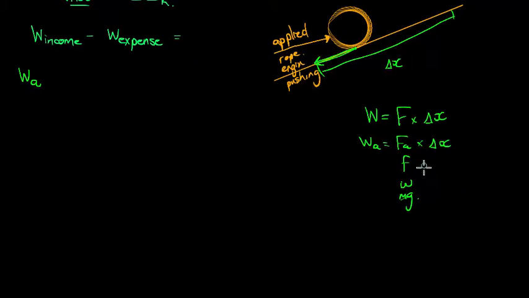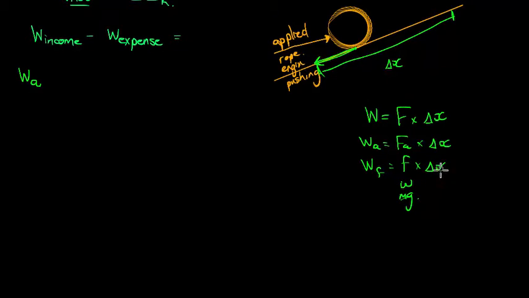The work done by friction is equal to the frictional force times how long friction is applied on the system, which is for as long as it's moving on a frictioned surface. Does that make sense?